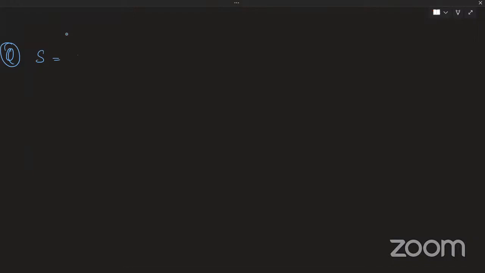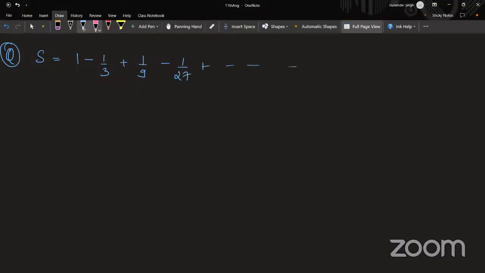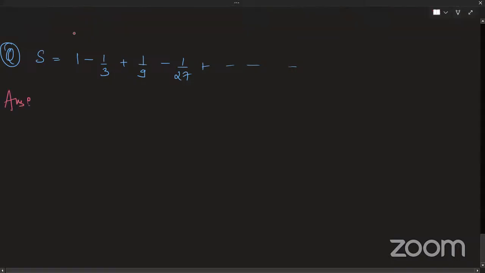Sum of 1 minus 1 by 3 plus 1 by 9 minus 1 by 27, and so on. Now can you tell me? A is equal to 1, correct.